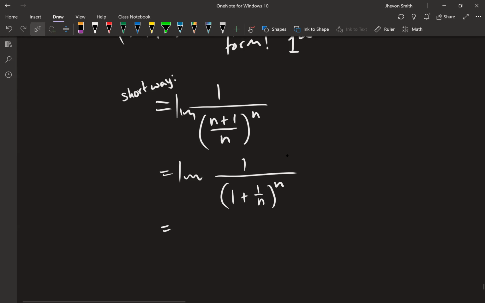Quick algebraic switcheroo gives us that. Why would I do that? Because there's a formula that I have in mind when I'm making this manipulation. I know what happens to the reciprocal of what I'm seeing there, and so I use that. Now, does anyone know what that approaches? What does this approach when n goes to infinity?